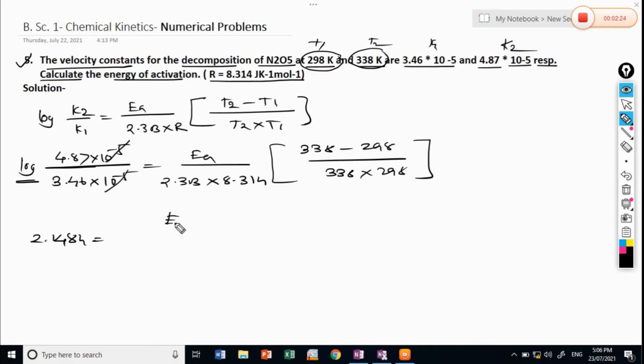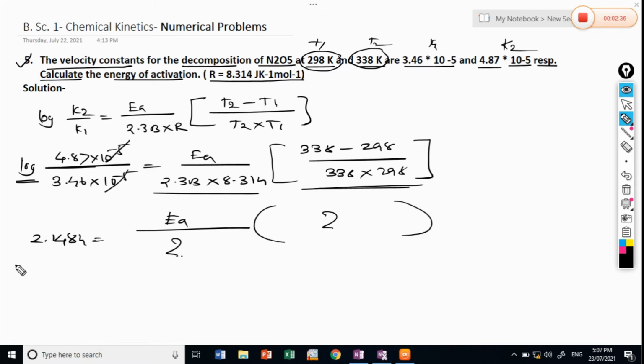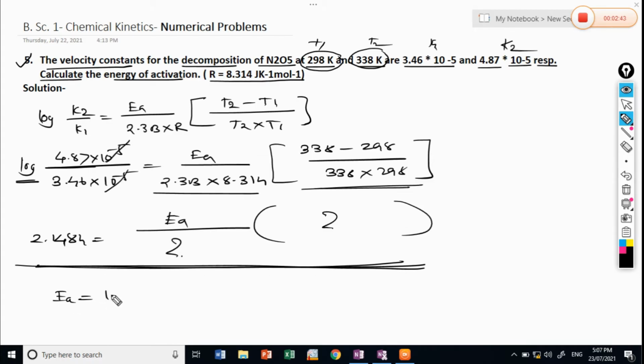0.1484 is equal to Ea. We have to calculate, multiply this to get value here, and calculate this bracket whose value comes here, and if you take all these calculations on calculator, the energy of activation will come out to be 103583.86 joules, and this converts to 103.58 kilojoules.